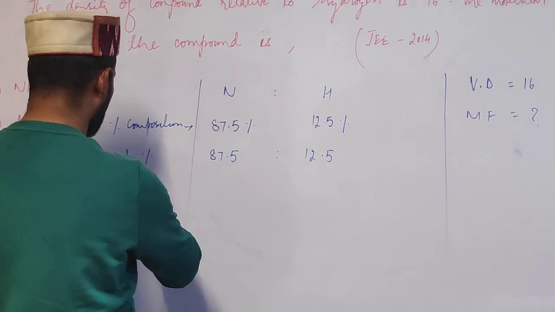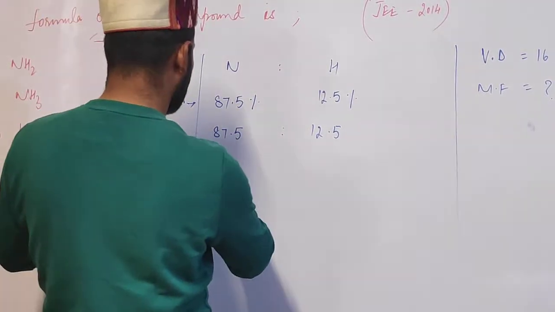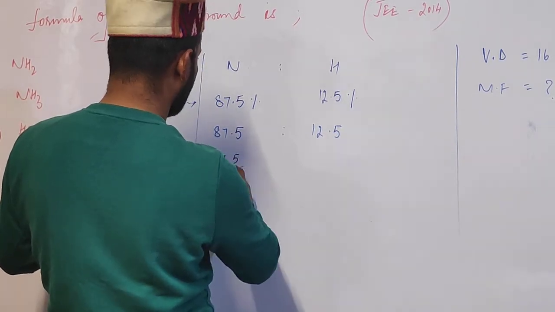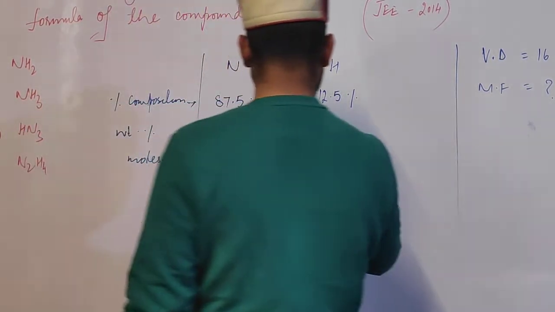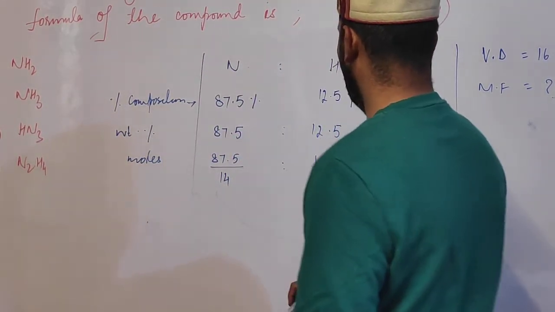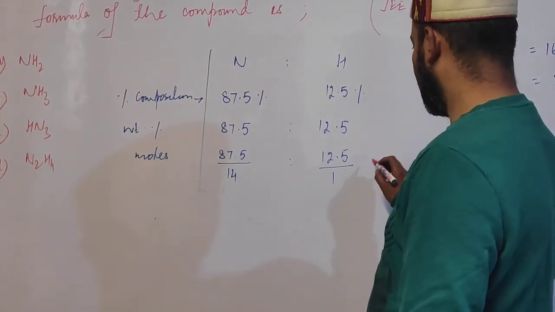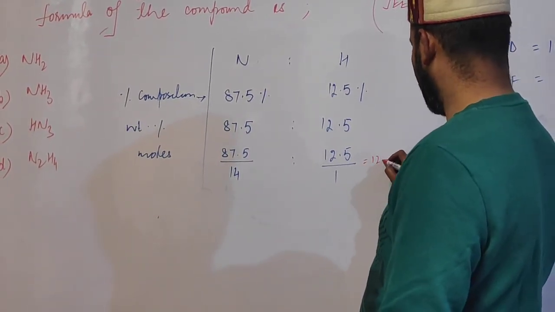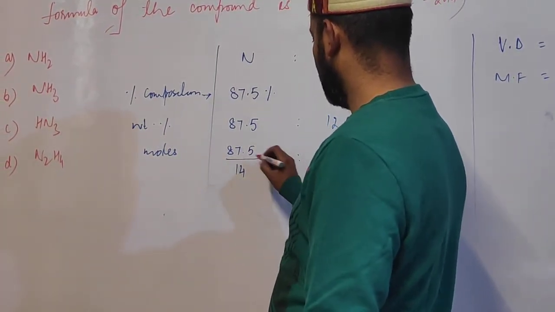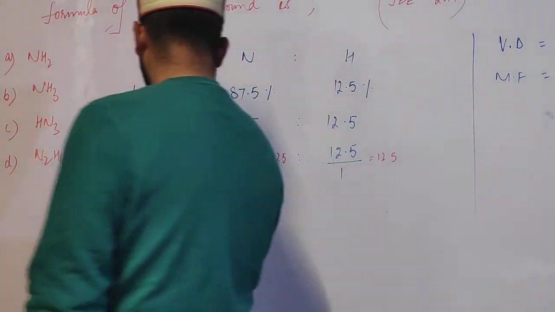Now we find moles of nitrogen and hydrogen: 87.5 divided by 14, and 12.5 divided by molar weight of hydrogen, that is 1. Solving this, we get 6.25 for nitrogen and 12.5 for hydrogen.